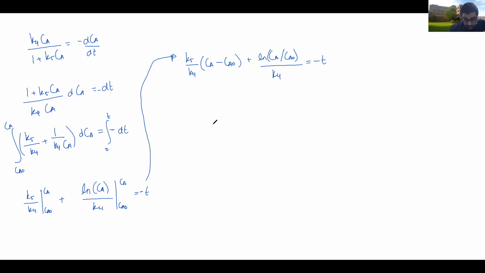Sounds good. So now I have some sort of expression. So I want to be able to use this expression to verify the data somehow. And I want to be able to extract K5, K4.